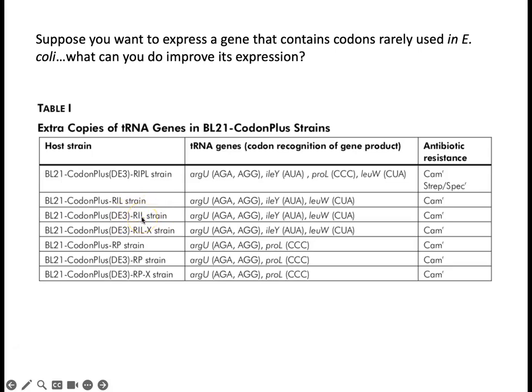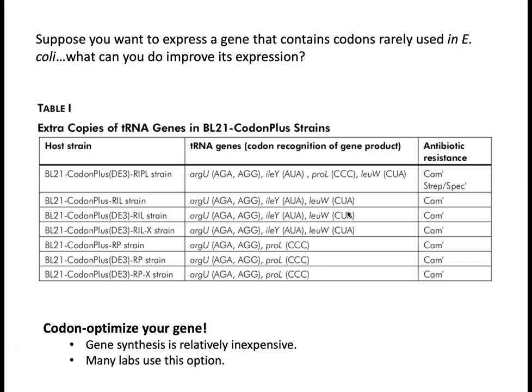Remember I talked about that plasmid that has RIL? The plasmid contains tRNAs that encode for rarely used arginines, isoleucines, and leucines. So the R, the I, and the L stand for those rarely used amino acids. Here are those tRNAs that recognize these various different codons. And in fact, I do use this plasmid somewhat frequently, this RIL plasmid.